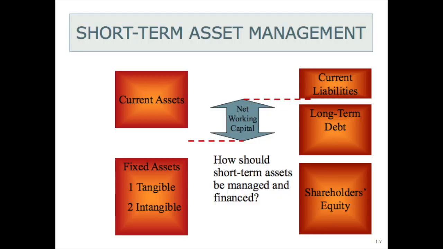So you have debt and you have equity on that side. We have, what are we going to buy? What do we need to raise money for? That's the first thing. The second thing is, how are we going to raise the money? And the third thing is, how do we manage the day-to-day operations? That third thing is basically cash management or net working capital. We started thinking about this in terms of our current liabilities and our current assets.